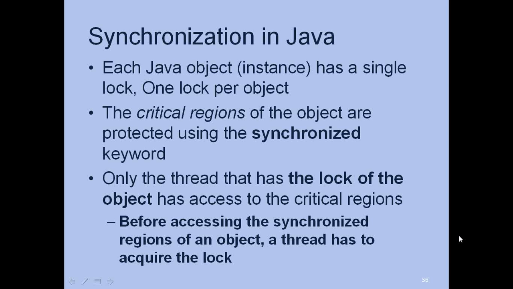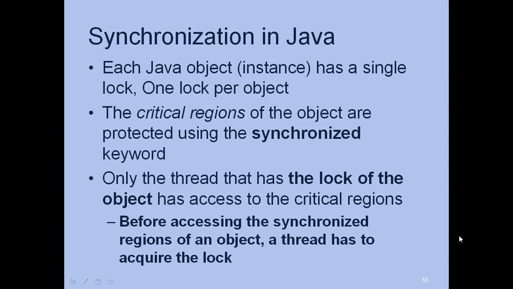Only the thread that has the lock of the object has access to the critical regions. The thread that enters that piece of code first has to get the lock of that particular piece of code. That synchronized keyword will make sure that particular thread gets the entire access to that synchronized method.